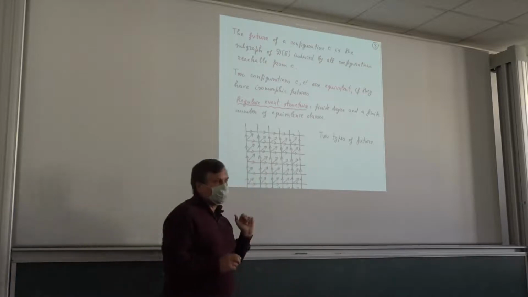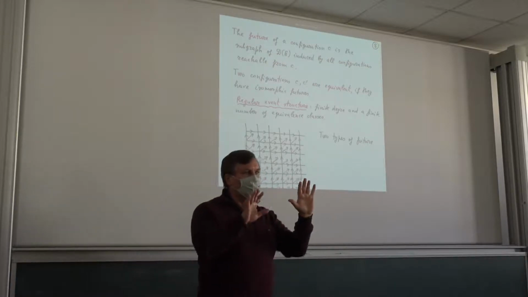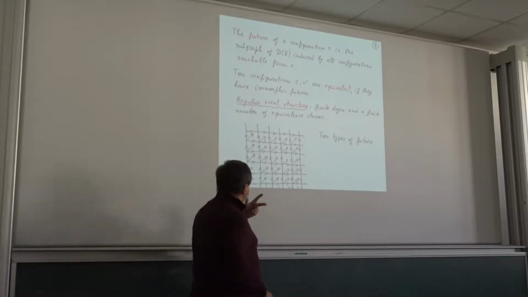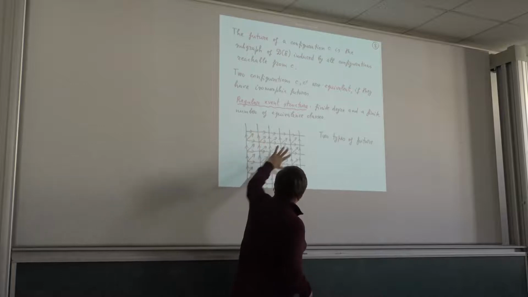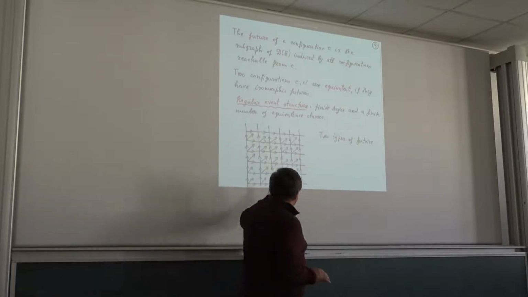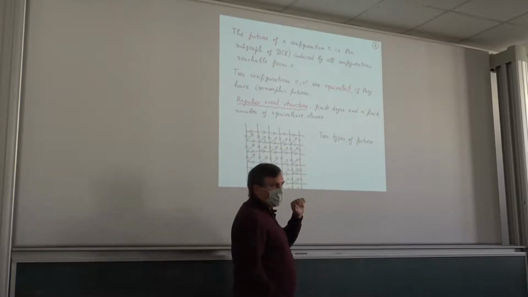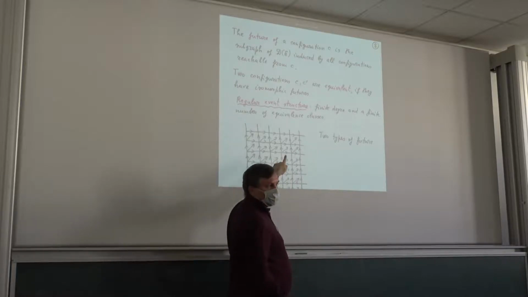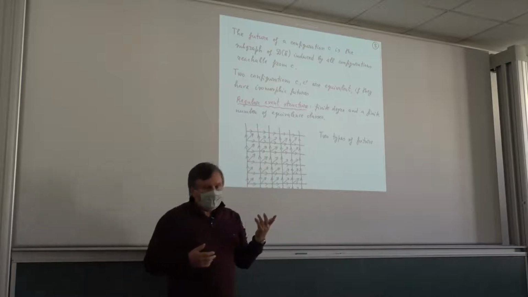And if you look, how many isomorphism types of futures do you have? We have just two. One kind of future, a grid everywhere. And you also have a future which is just one terminal configuration. And this is regular.